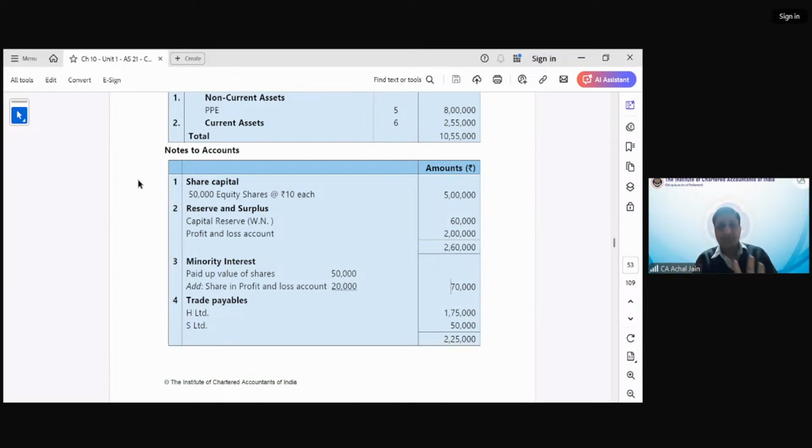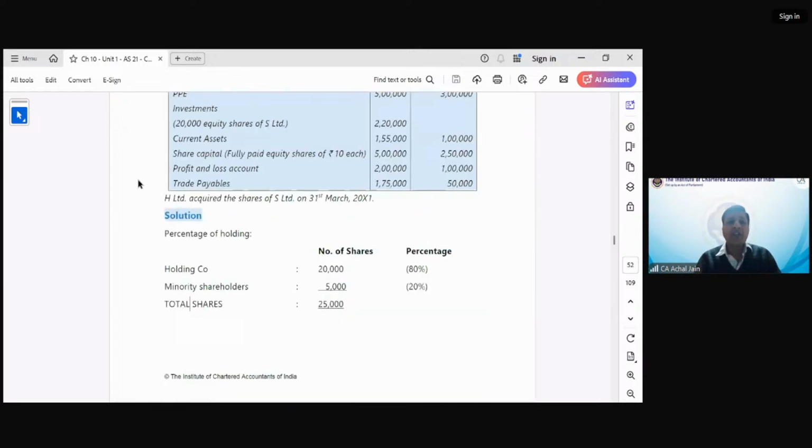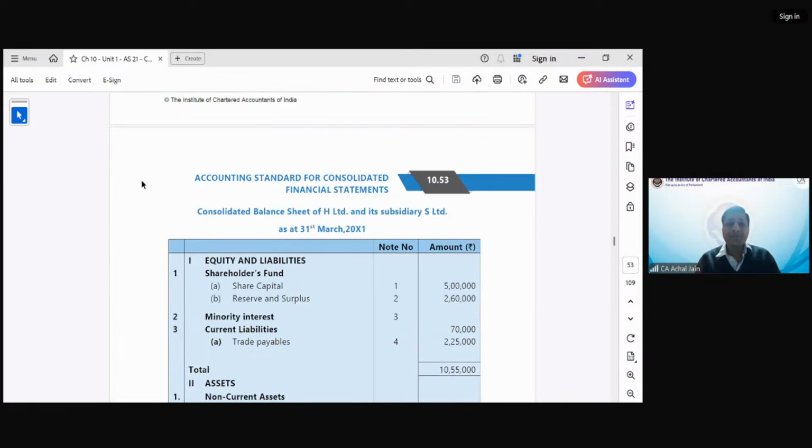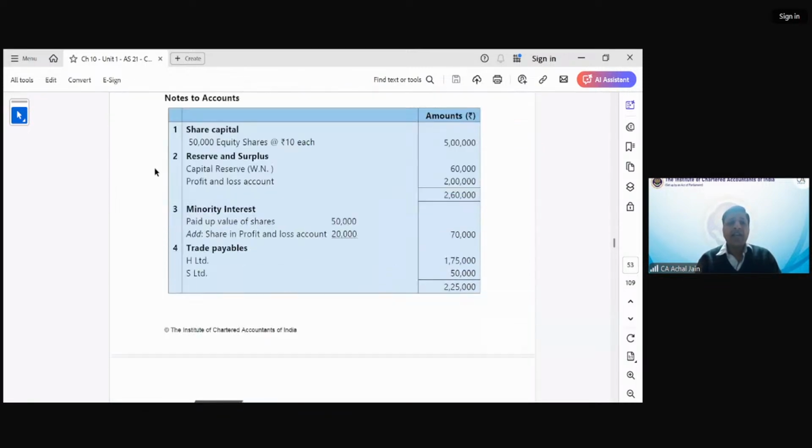Yes or no? What was the share capital of holding company? 5 lakh. Each share was of rupees 10 each. So that's why in the consolidated balance sheet, you will say that 50,000 shares are there of rupees 10 each. And whose shares are these? Those of H Limited. H Limited has issued these shares. Okay, clear?